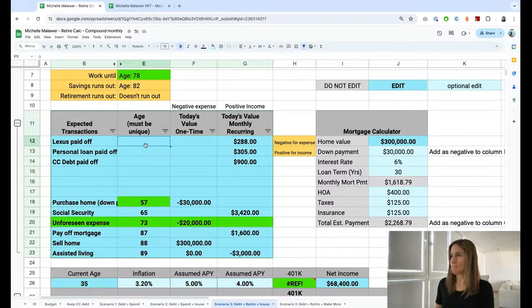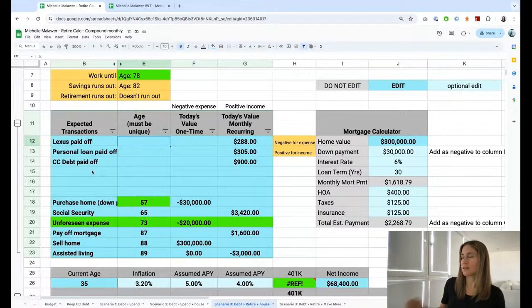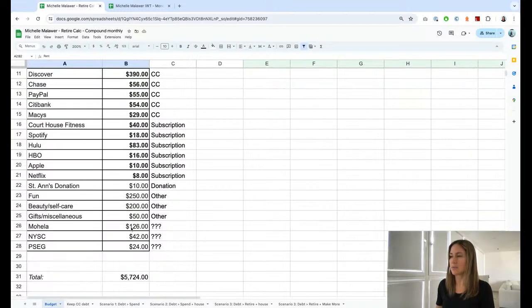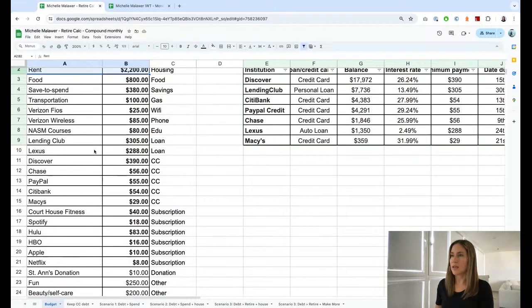Great. So what I just did now is I eliminated the transfer of the debt to the 401k, because I actually think that if I'm looking at the budget, what I would do is I would keep probably the same total amount, but then this would go to 401k instead of auto.